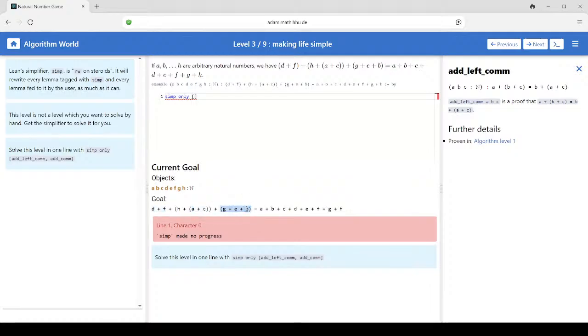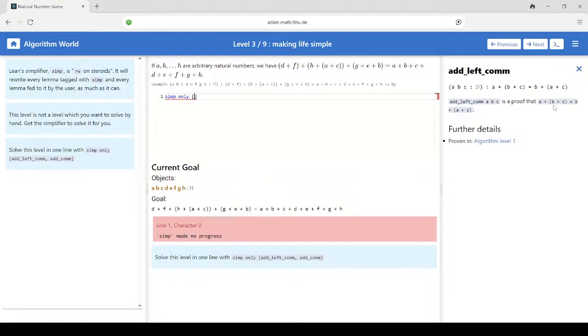Is it totally random? Is it randomly scrambled on this side? We have a plus b plus c. It's all in alphabetical order on this side. This is a plus c plus b, a, b, c, d, e, f, g, h. It seems totally random.